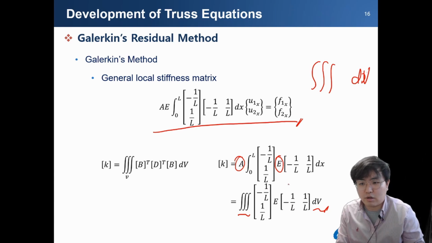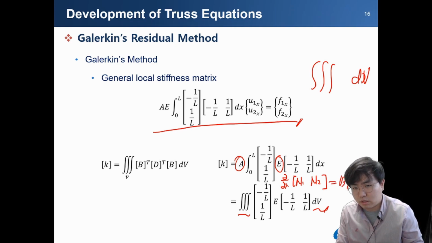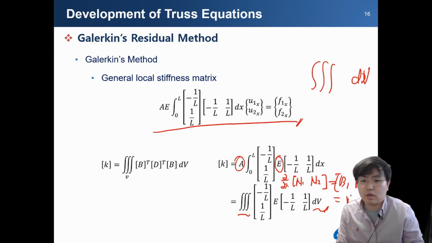This is the derived shape function, the derivative of the shape function from the previous slide. This is also a derivative function. We can say this is B1 and B2, the B vectors or sometimes B matrices. So we can change this part to B, and this to the transposed B matrices.